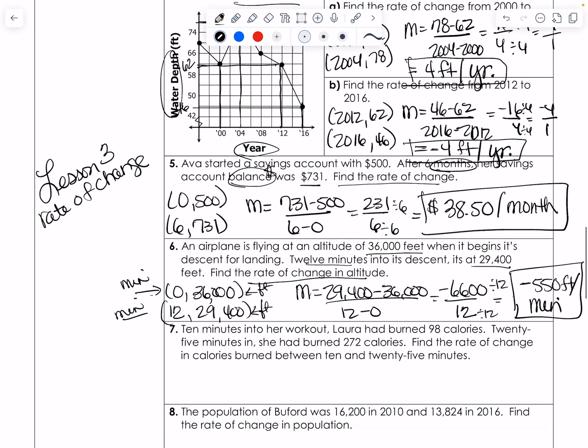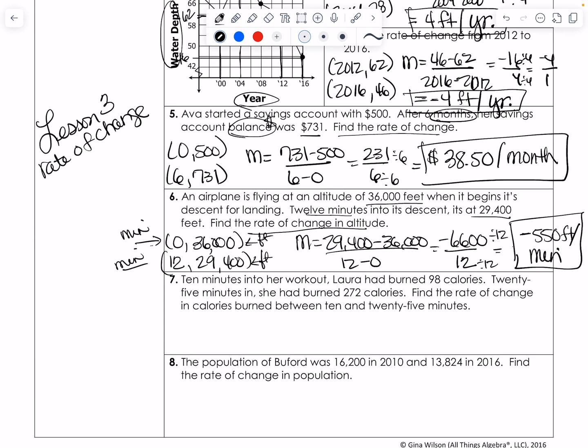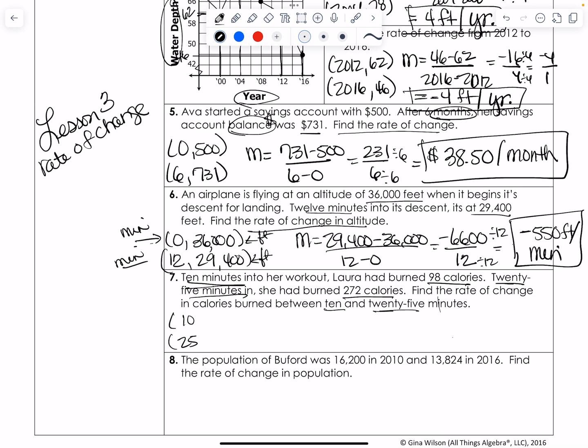Okay, now look at 7. 10 minutes into her workout, Laura burned 98 calories. 25 minutes into it, she burned 272. Find the rate of change of calories burned between 10 and 25 minutes. So we have two ordered pairs. One is 10 and one is 25. Those are your minutes.